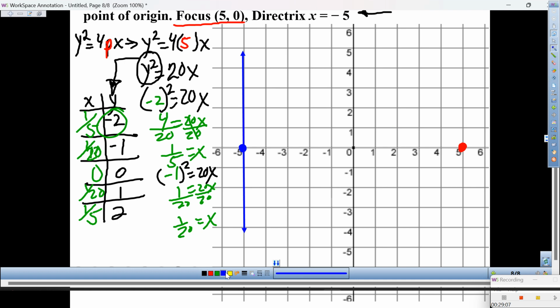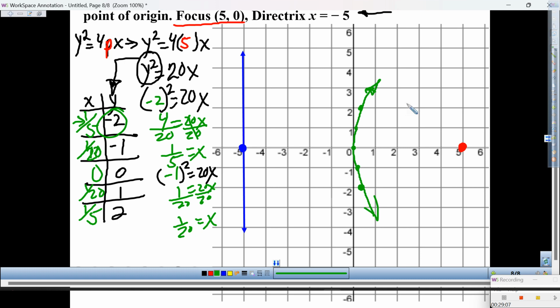And now we can graph the points. 1/5 of x and -2 of y. 1/5 of x is a little bit to the right. -2 of y is down here. 1/20th of x is a little bit to the right, right near the origin, and -1 of y. Then 0, 0. Then it reflects upward over here. Hands, have you got that by yourself?